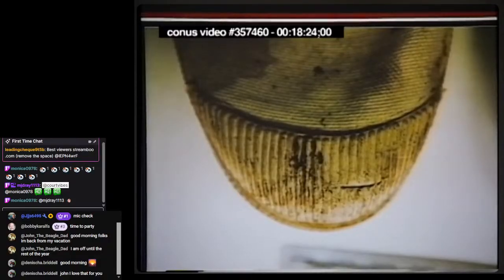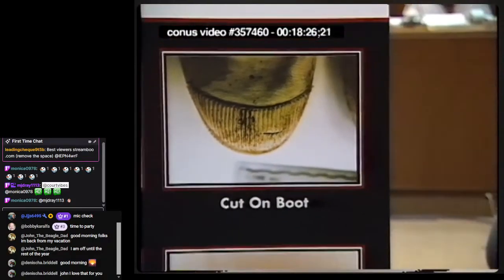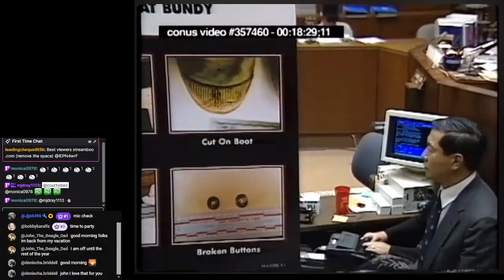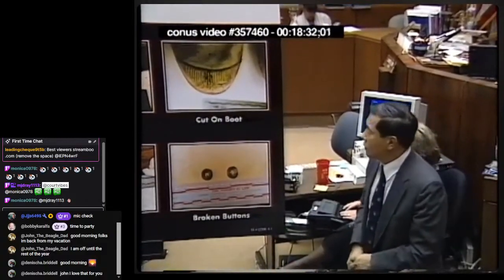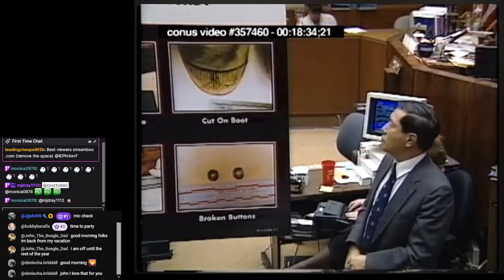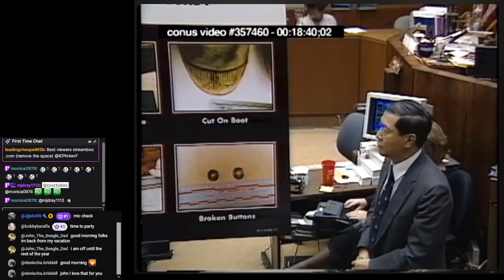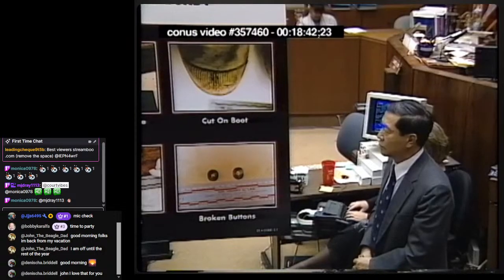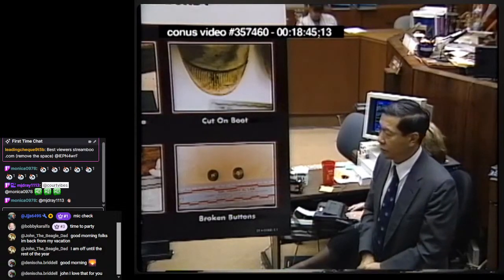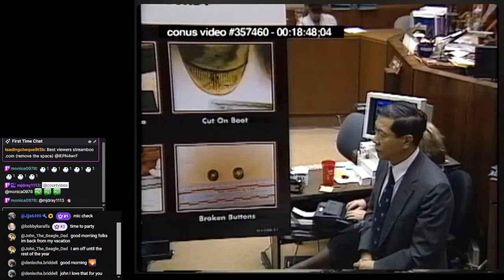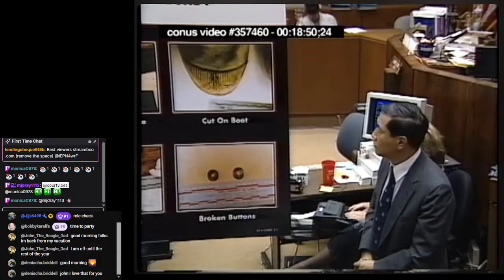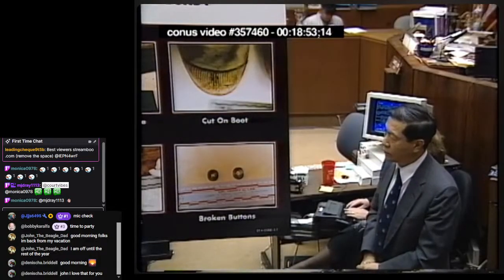Would this be consistent with the sneaker not being on the ground when the cut occurred? More likely, it's not on the ground. It's more likely that when this cut occurred, that sneaker was not on the ground. Yes. And did the sneaker meet the sharp instrument in the same direction or plane?